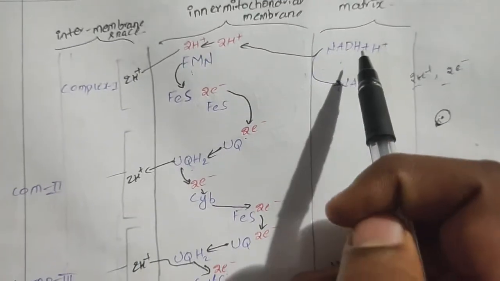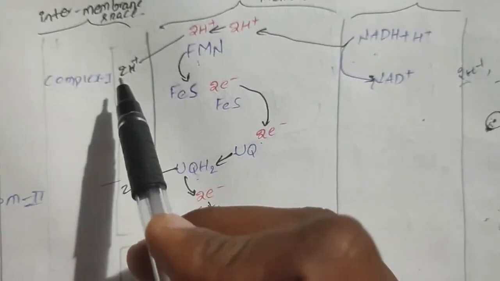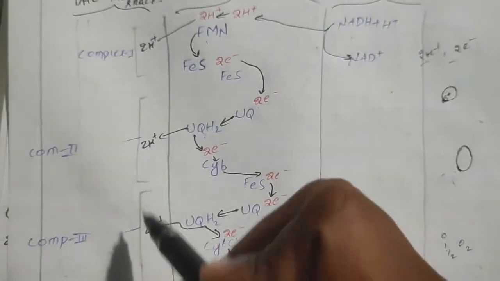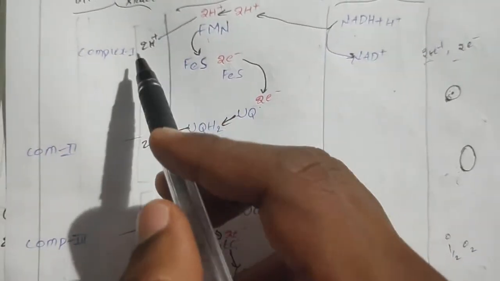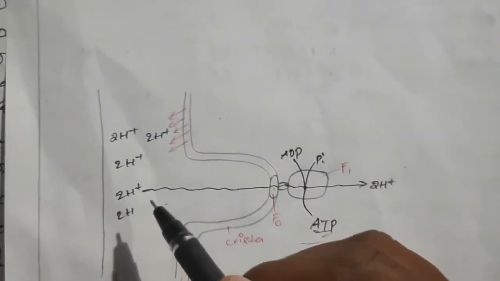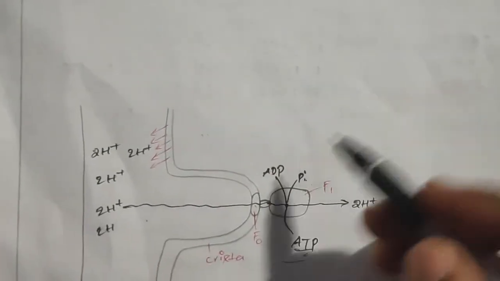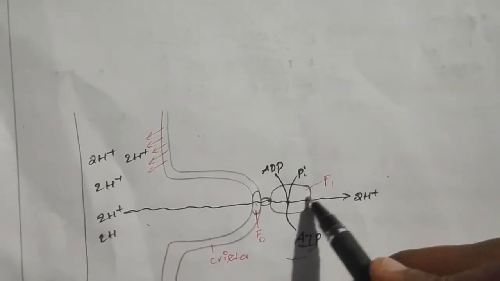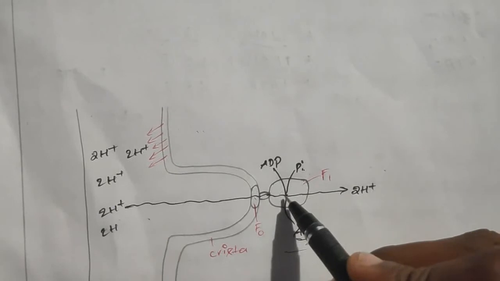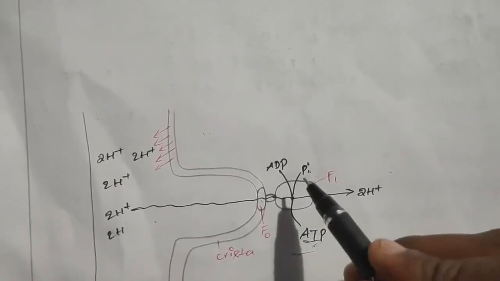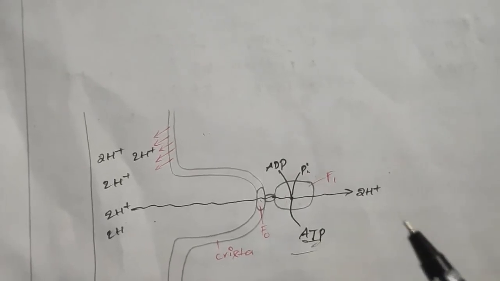One NADH2 releases protons at three places, in complex 1, complex 2 and complex 3, and these three protons released from one NADH2 enter the F0 and F1 channel with energy, and using this energy ADP combines with inorganic phosphate and produces ATP.